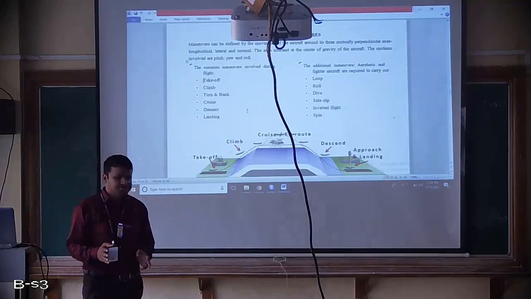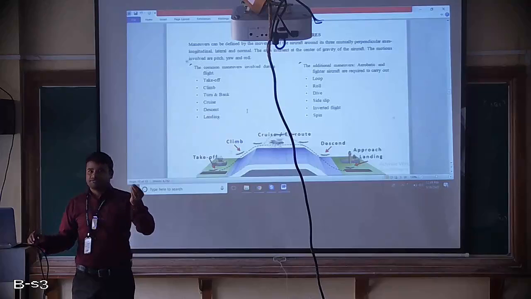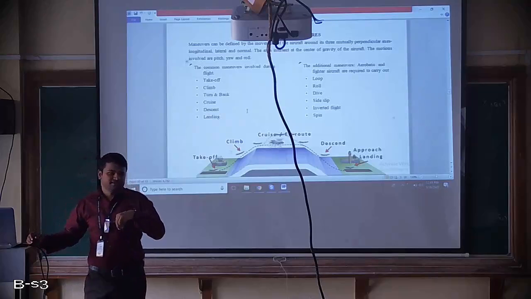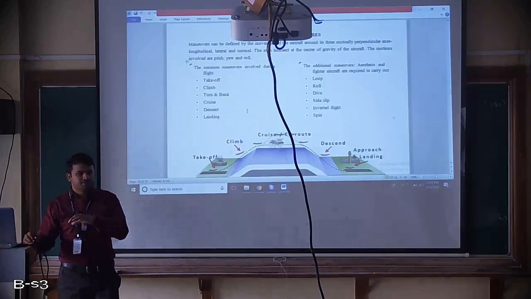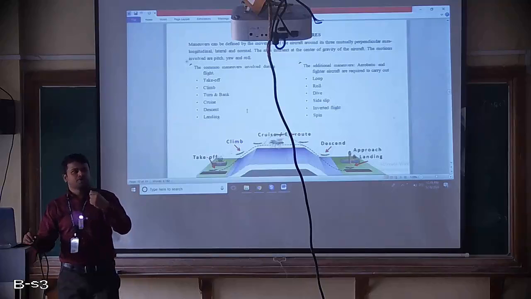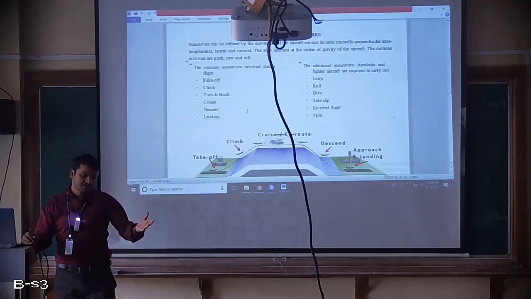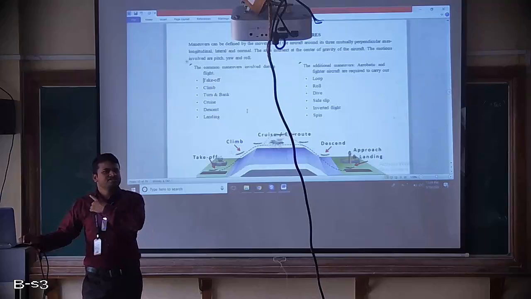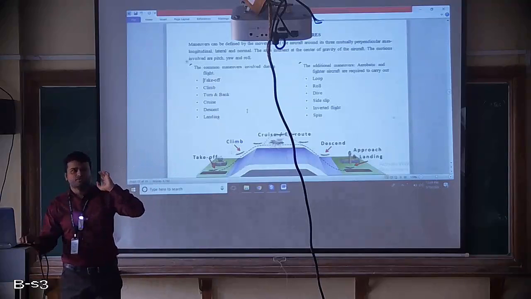A better example: let us say your aircraft is going to land at the airport, but the ground station gives instructions saying the runway is busy, and you're supposed to keep moving in the air. At that time the pilot cannot land, so he will keep moving around above the airport.